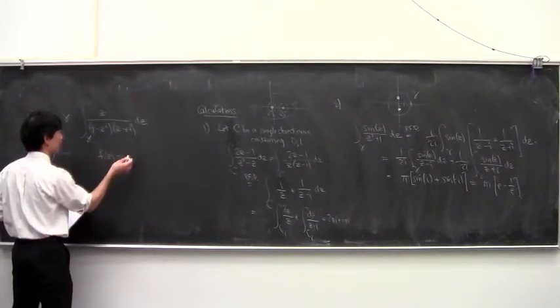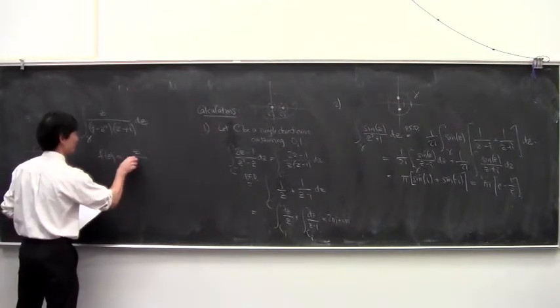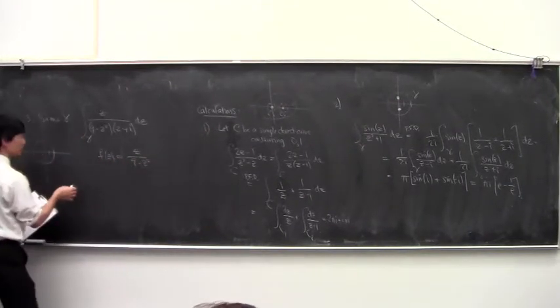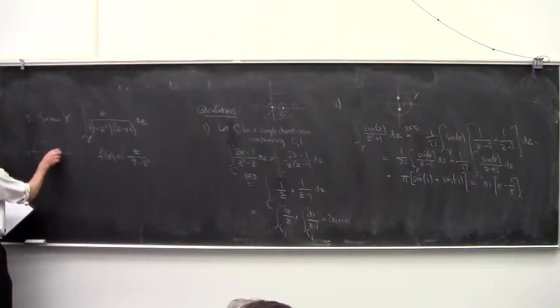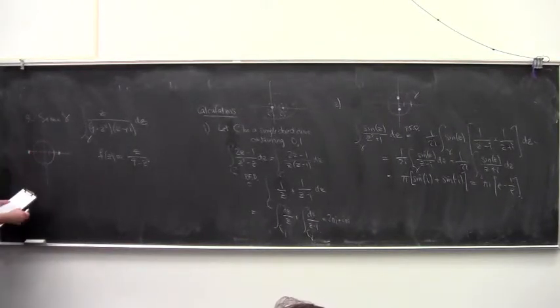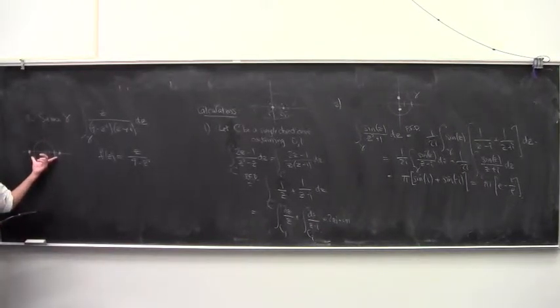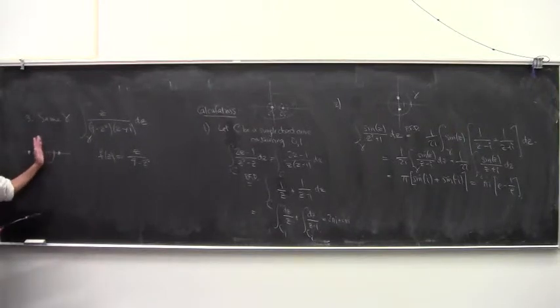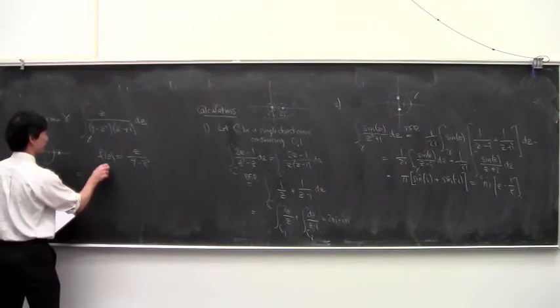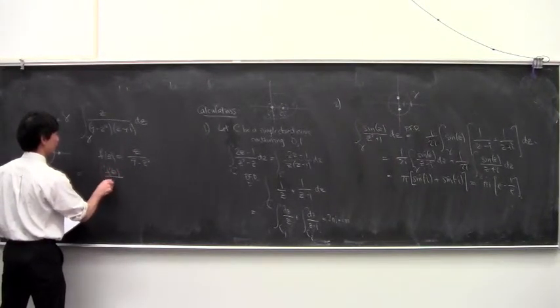f of z is going to be z over 9 minus z squared, because that one has its singularities outside; it's analytic inside. So you just rewrite this as f of z over z plus i.